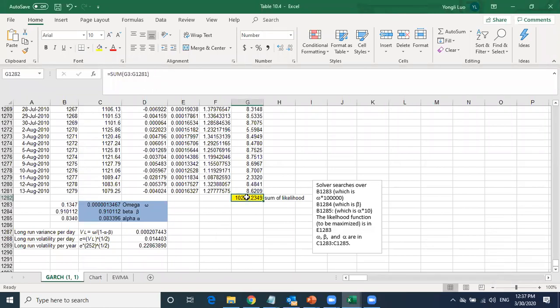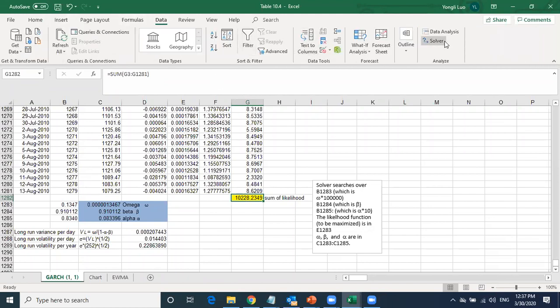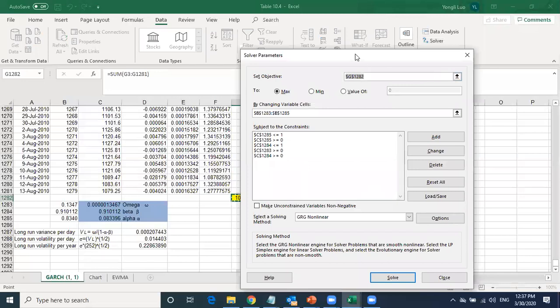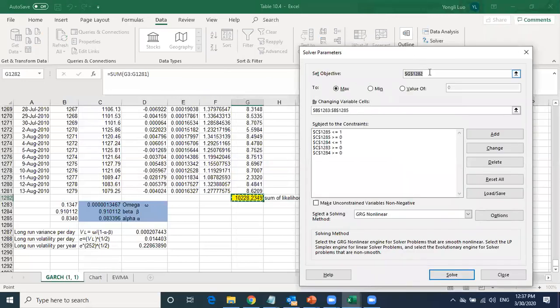Then you have the data, and using Solver is the last step. You want to maximize this likelihood by changing the variables omega, alpha, and beta.